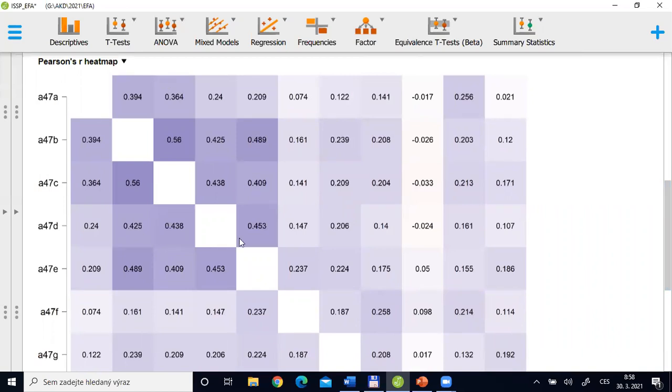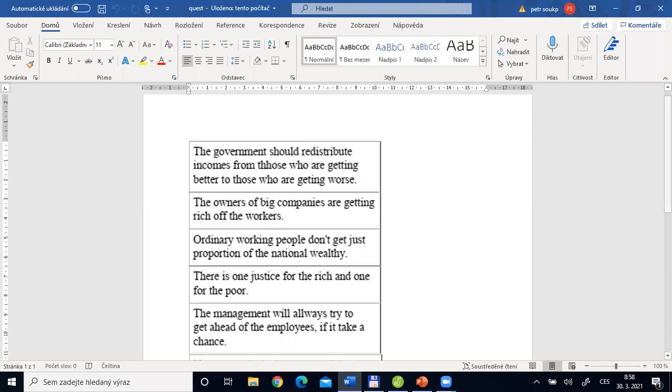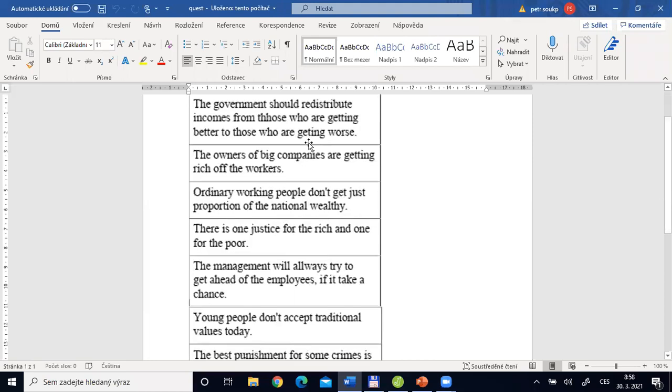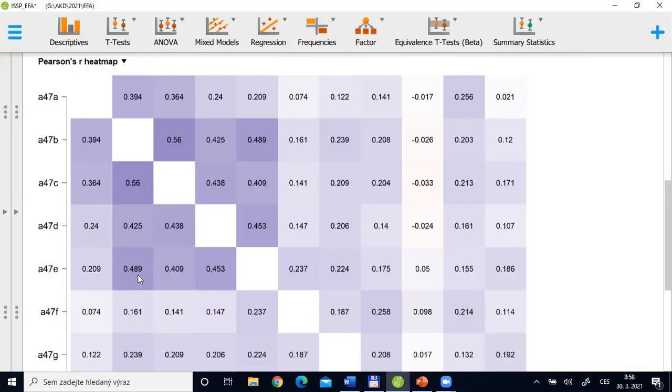So once again, if I go back to the discussion, we have discovered that maybe these 5 items are items about left-right scales. So it means that at least this dimension will maybe be discovered in exploratory factor analysis as some dimension describing left-right orientation.